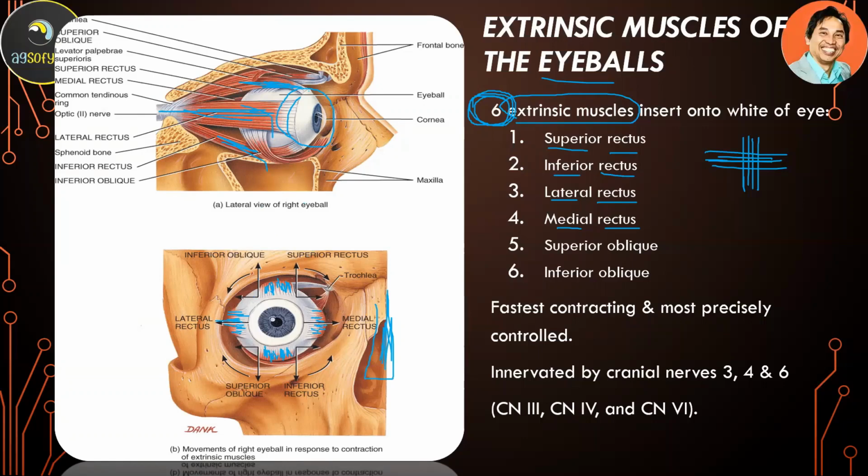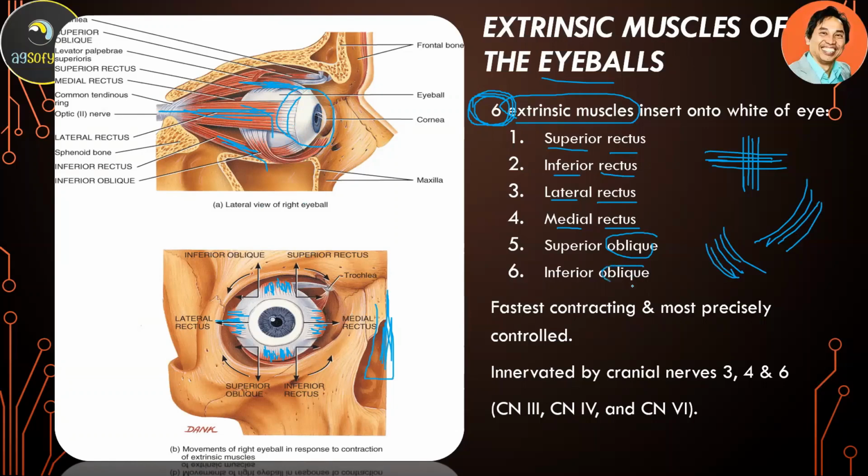For the top picture over here, you will not see it because it's going to be covered by these eyeballs. Okay, and there are 2 that are oblique. Oblique means diagonal. This is a diagonal muscle, not a straight muscle.